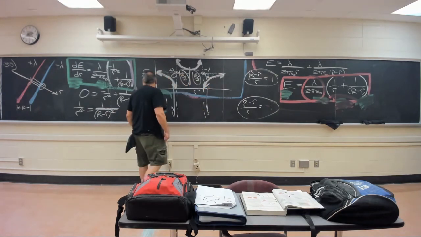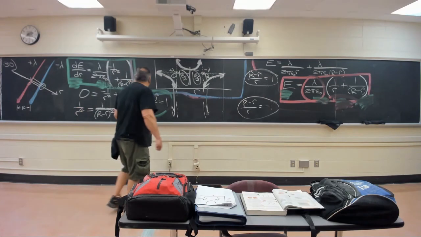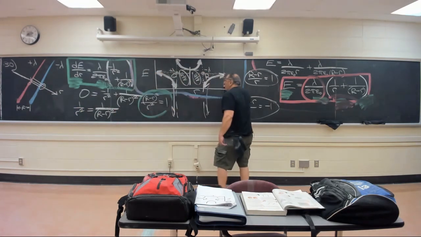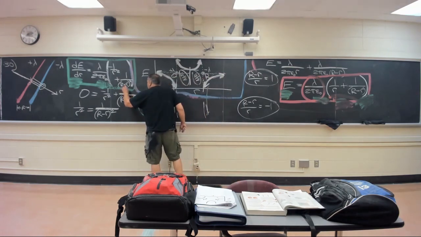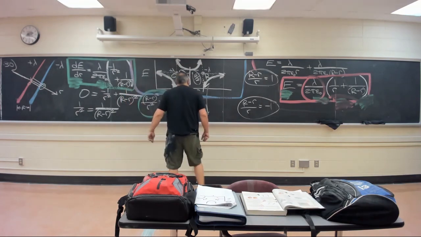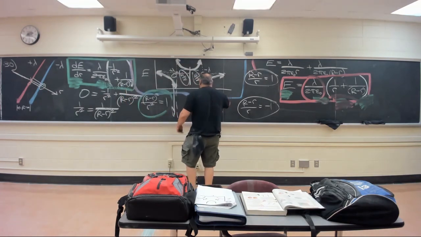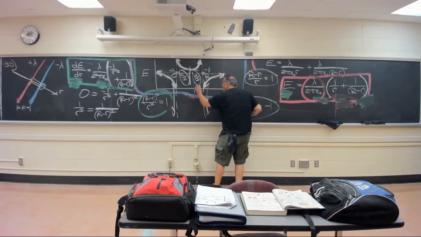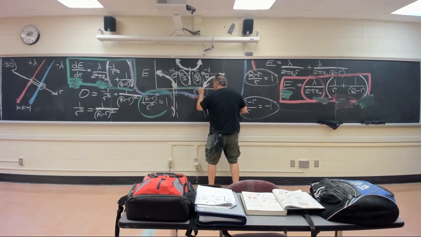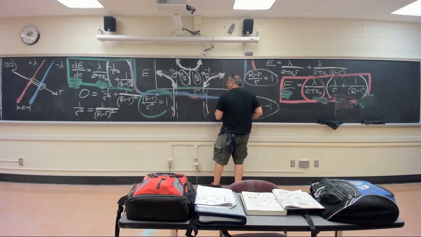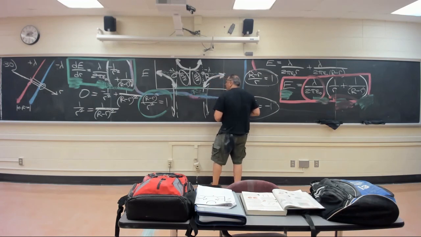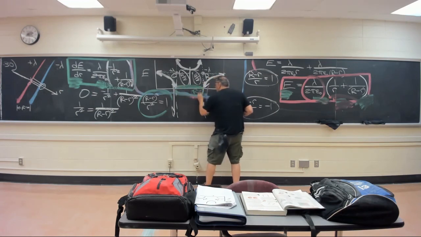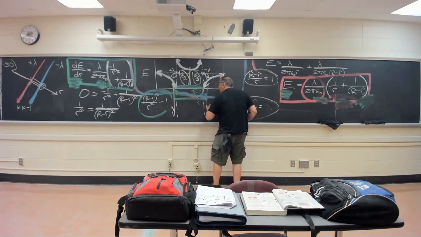As you go from R values that are big, who cares? Big R minus a small r, that's a bigger number than capital R. This is how big R is right here, and this is how big small r is over this way.